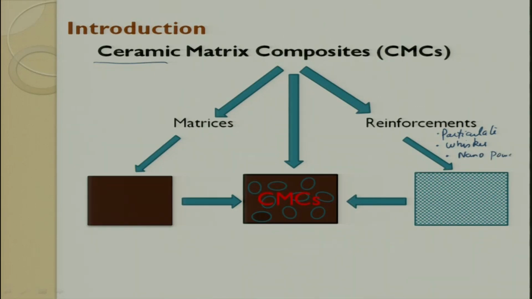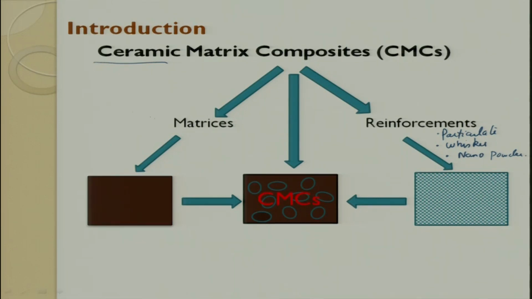These are the three reinforcements which are predominantly used. The form can be particulate, wherein we talk about aspect ratio, then whisker, then you can also have nano. These are some of the reinforcements which are added to the matrix ceramics to get a ceramic matrix composite.